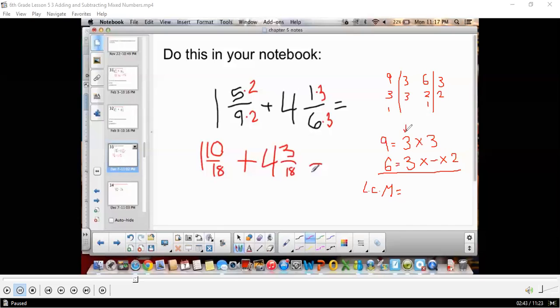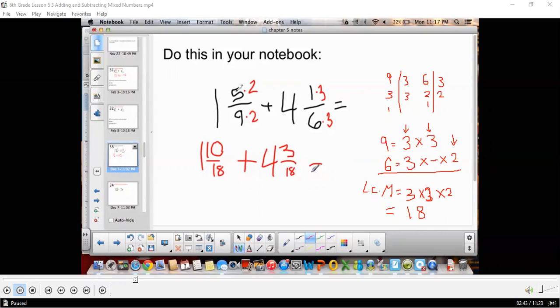So I'm going to choose 3 from the first column, 3 from the second column, and then 2 from the third column, which means it will be 3 times 3 times 2, which equals 18. Then 9 to reach 18, we want to multiply by 2. 6 to reach 18, we will multiply by 3.